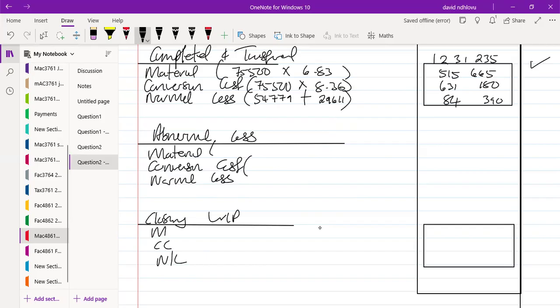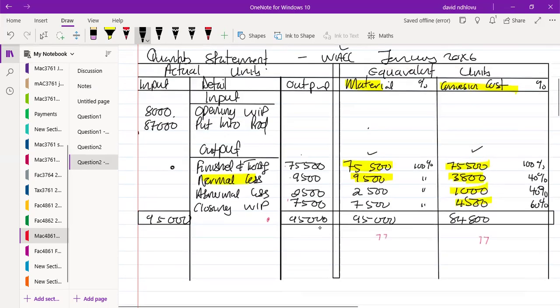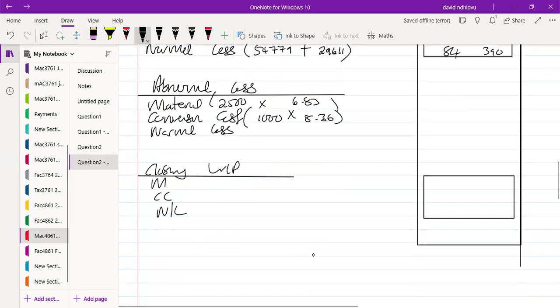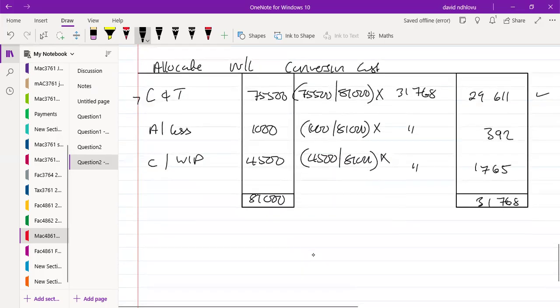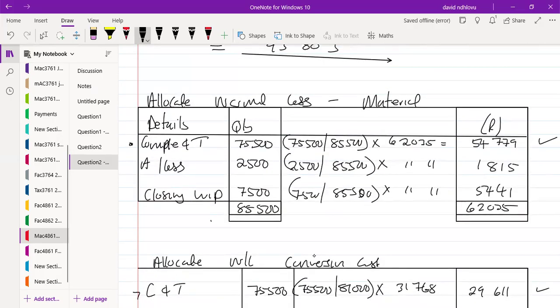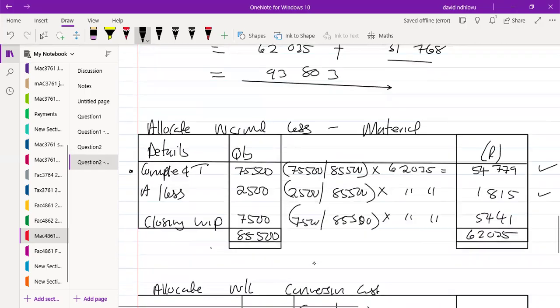What was the quantity? The quantity in terms of material, 2,500. The quantity in terms of conversion, 1,000, multiplied by 6.83 and by 8.36. We are taking that from the quantity statement here. Then we bring in the normal loss, 1,815 and 392.